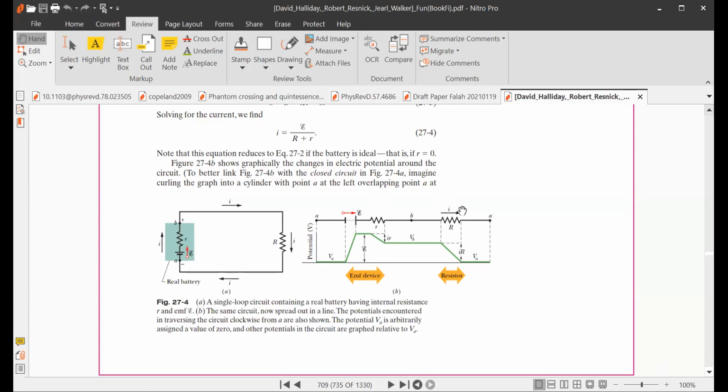This capital R here is the external resistance.